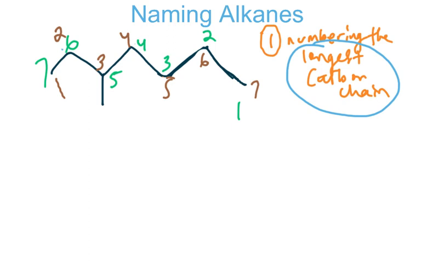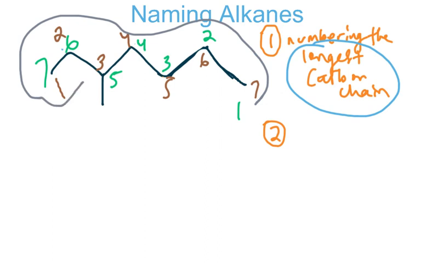Well, the next thing you have to focus on, after you identify your parent chain, so if we circle our parent chain in, let's say, gray, our parent chain is this. We just don't know which way to number it yet, but we know that this right here is our parent chain. That means that this is our substituent.